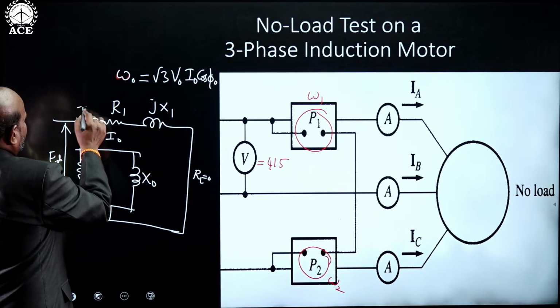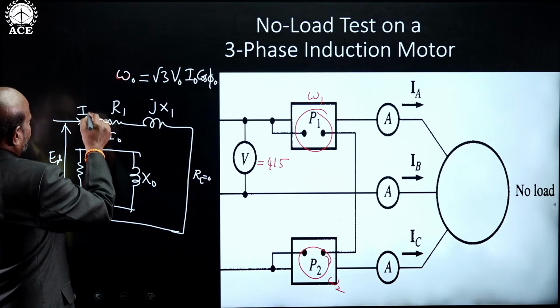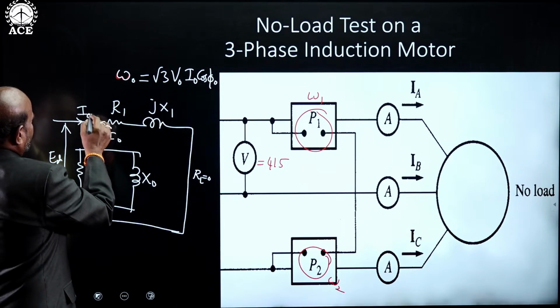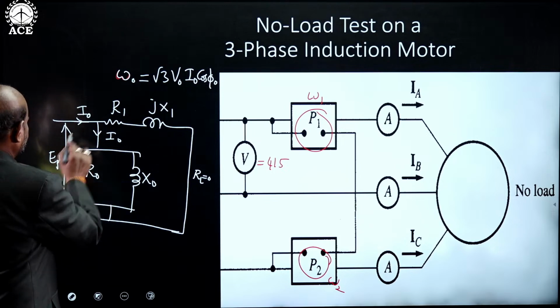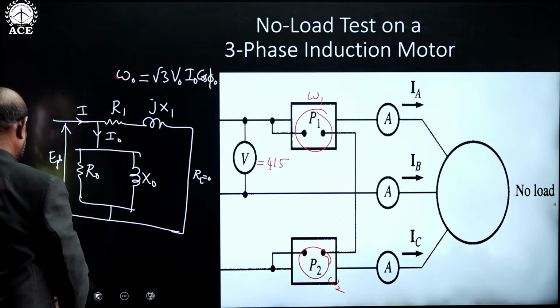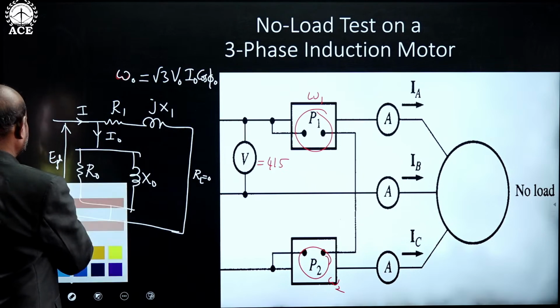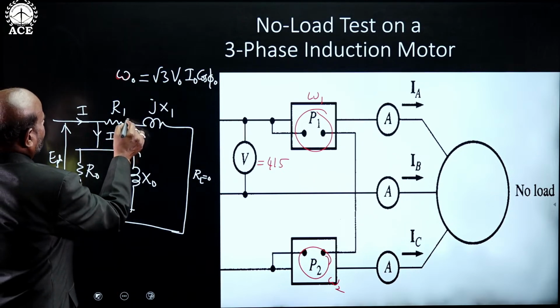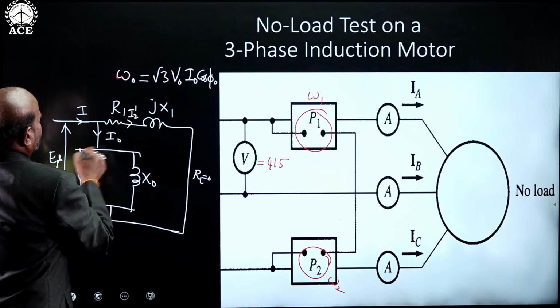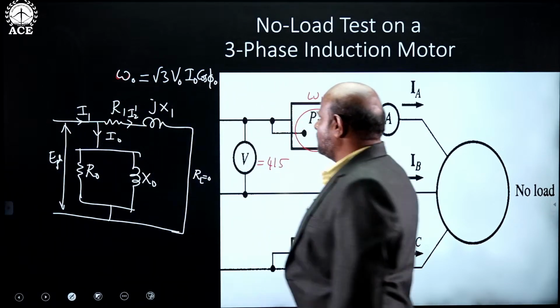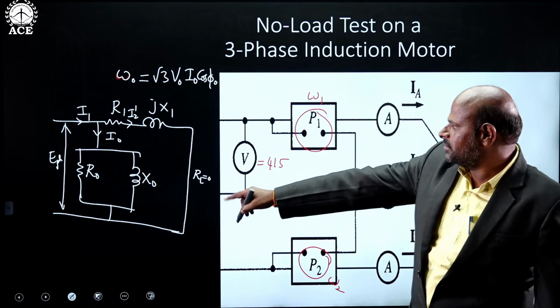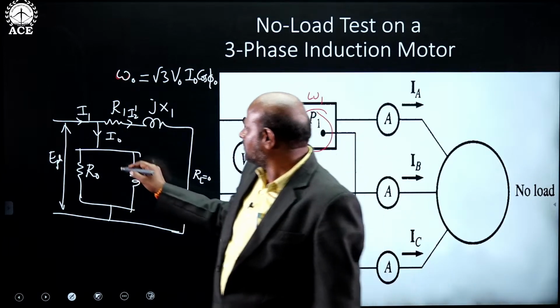and current drawn is no load I1. So here, by conducting this test, we are going to find out R0 and X0.